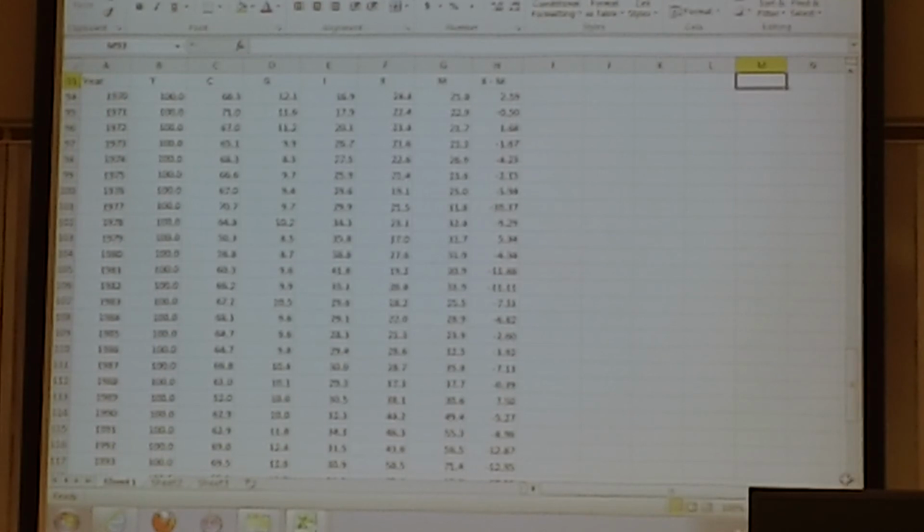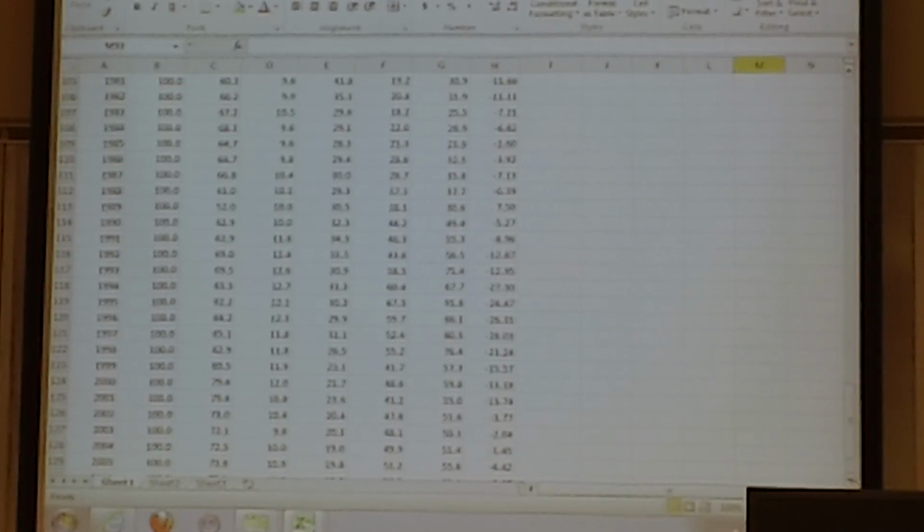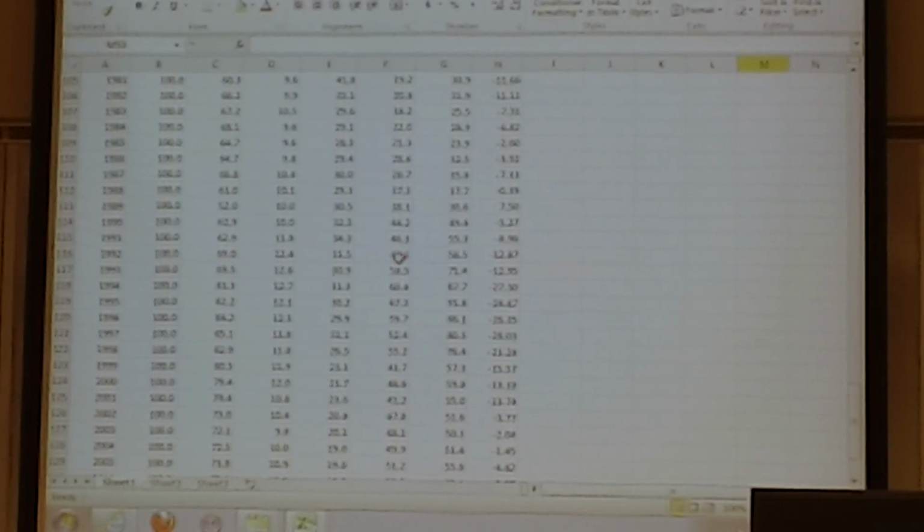Exports are really increasing, and imports also increase, going up to about 90% of GDP.